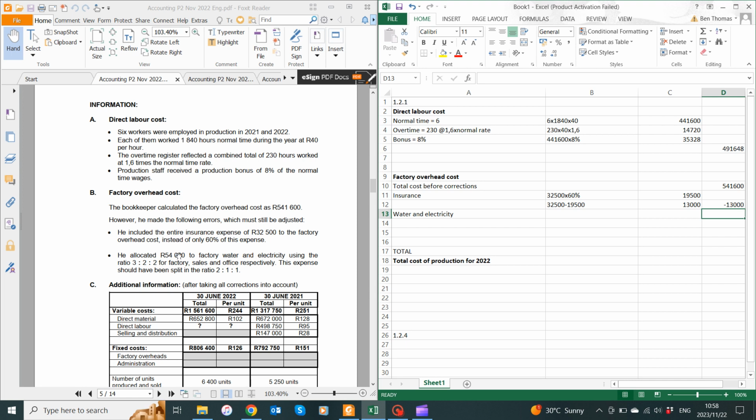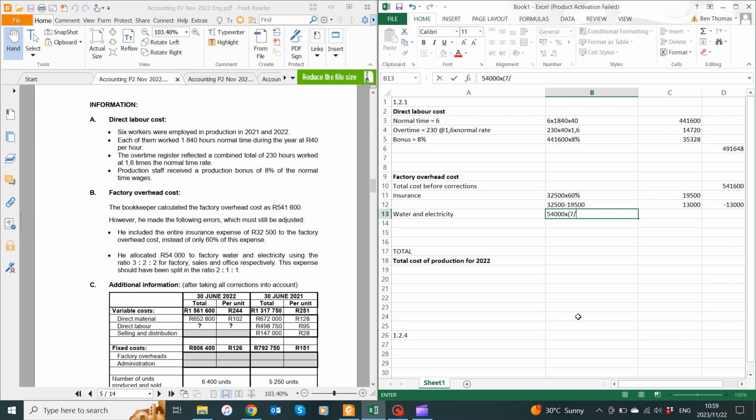So what they did was they said the total for water and electricity multiplied by 3/7 gives you 54,000. So we have to work backwards in order to get the total for water and electricity. So we're going to say multiplied by, now I want the total, which according to our ratio is going to be 7.